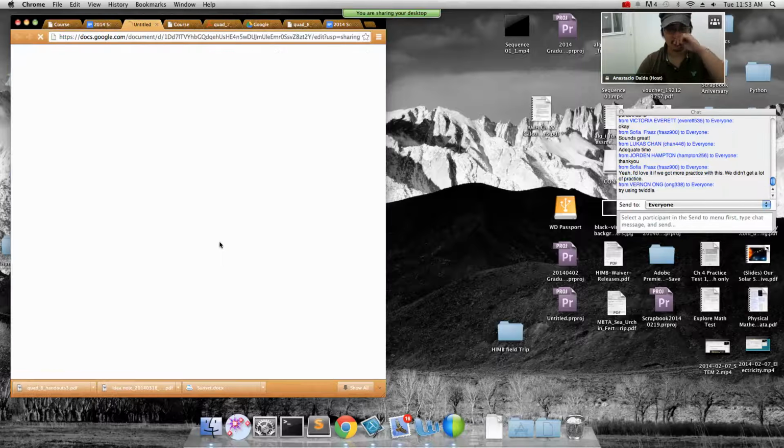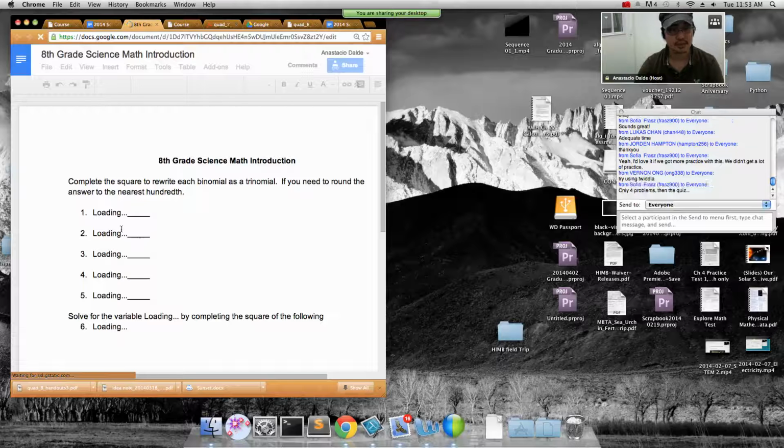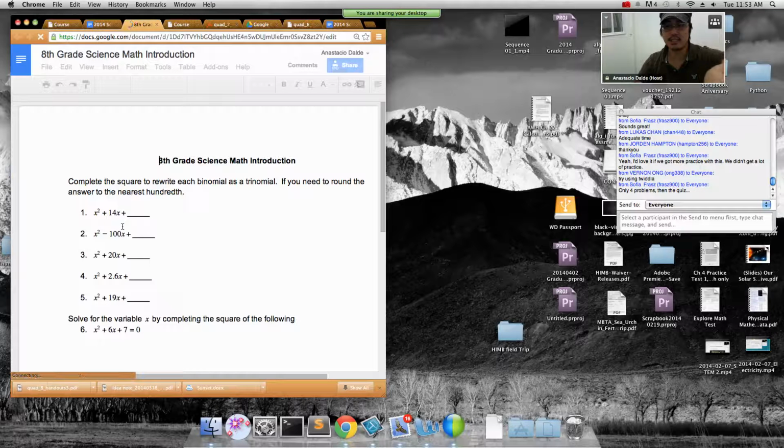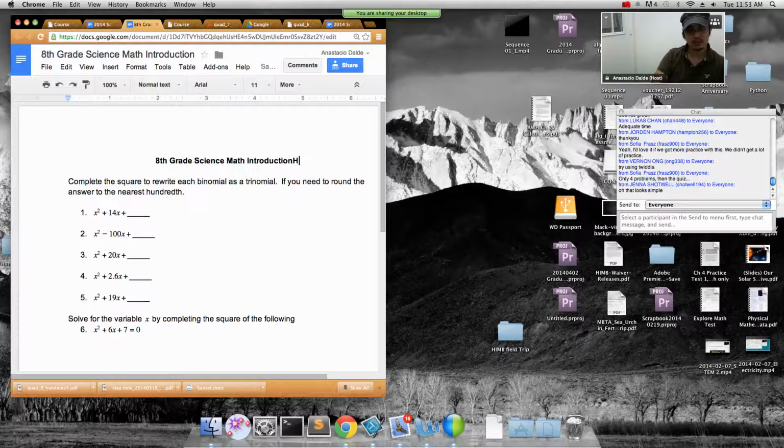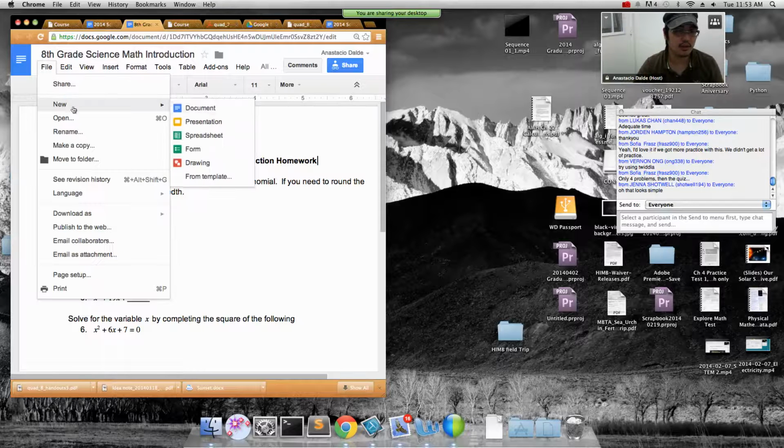So I gave you a math homework. See, the problem is, it's not that I can't connect to the internet. It's that the computer that I need that has the pen capabilities I don't have access to. So here's the homework. And why don't we do a new file, and we'll call it the introduction.